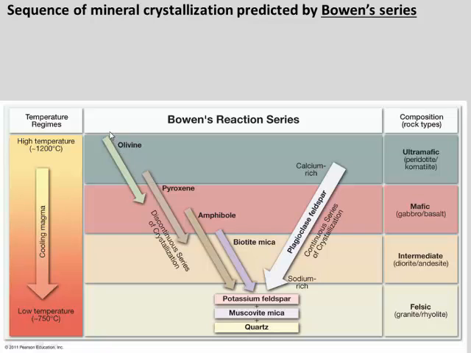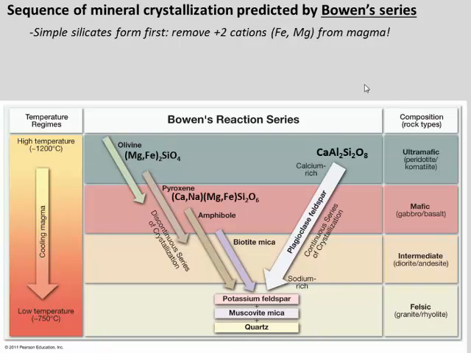Along the left, we're going to see what's called the discontinuous series. Along the right, we're going to see what's called the continuous series. This involves mostly plagioclase feldspar. This involves olivine, pyroxene, amphibole, and biotite mica. And over here, you'll see generally what kind of rock type you'd make if you were crystallizing out minerals in this range.